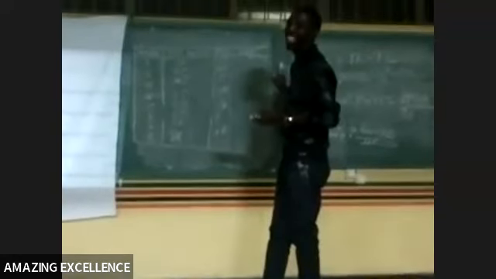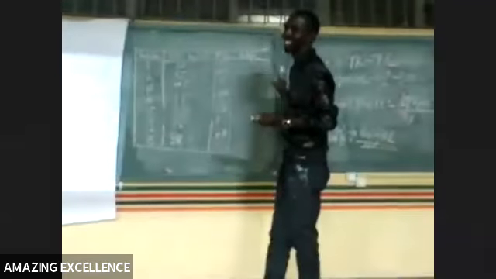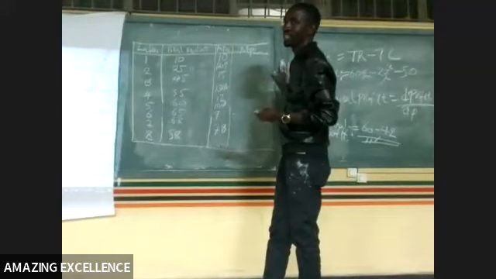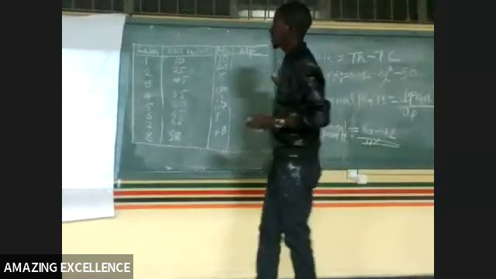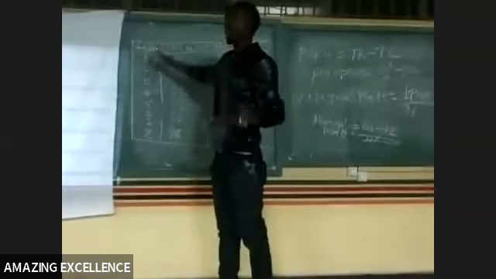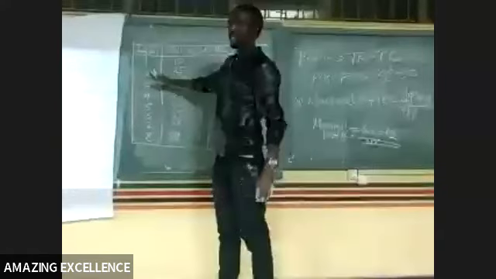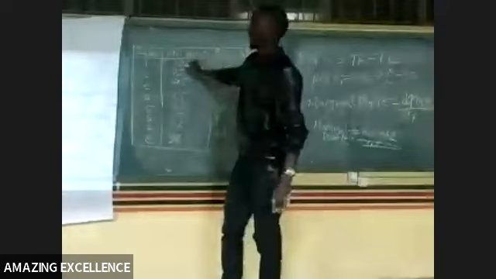Divided by? These are the numbers of labor, more like the output. What do you do?